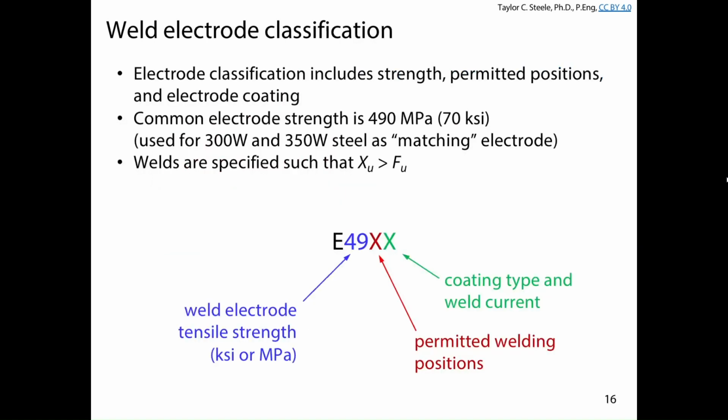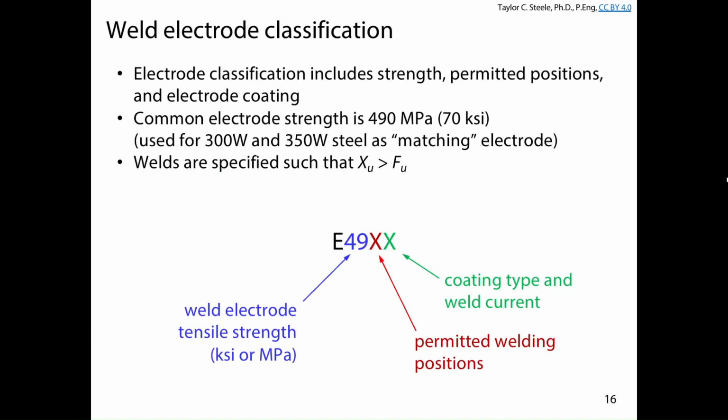The next thing that you have to be very aware of is the electrodes that you have to work with. This is the weld electrode classification scheme. Basically, we've got a number, it's the strength, and this is where on the electrode that I passed around, you're going to see 2 different numbers. 49 means 49 KSI.